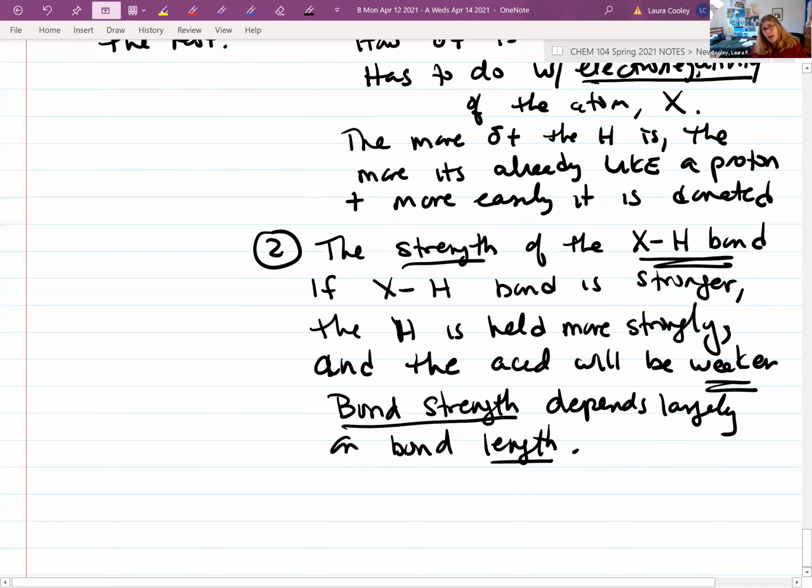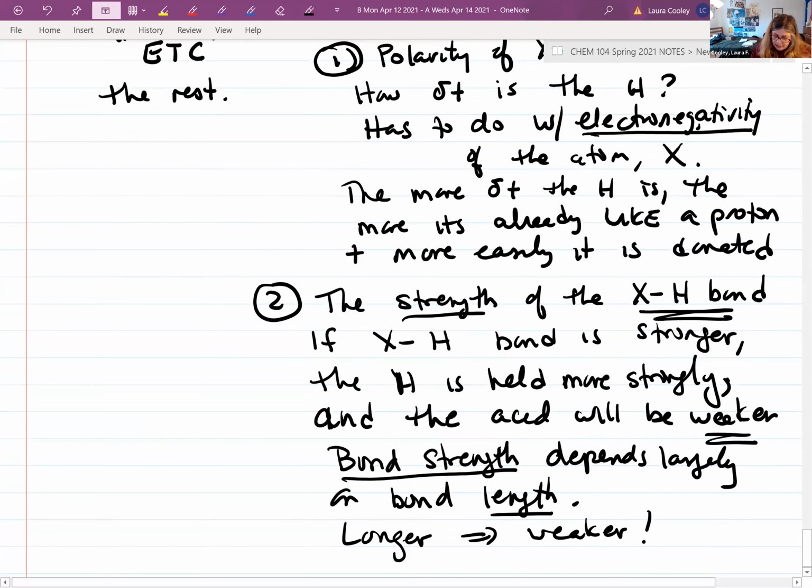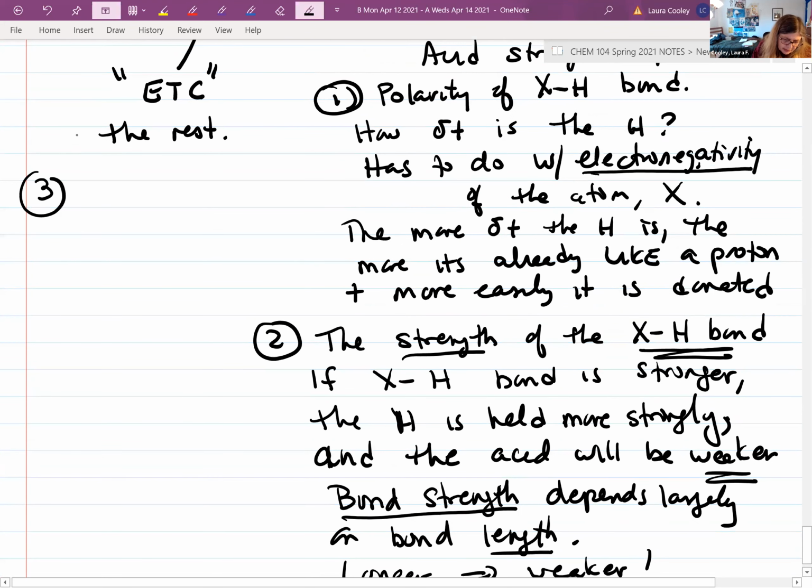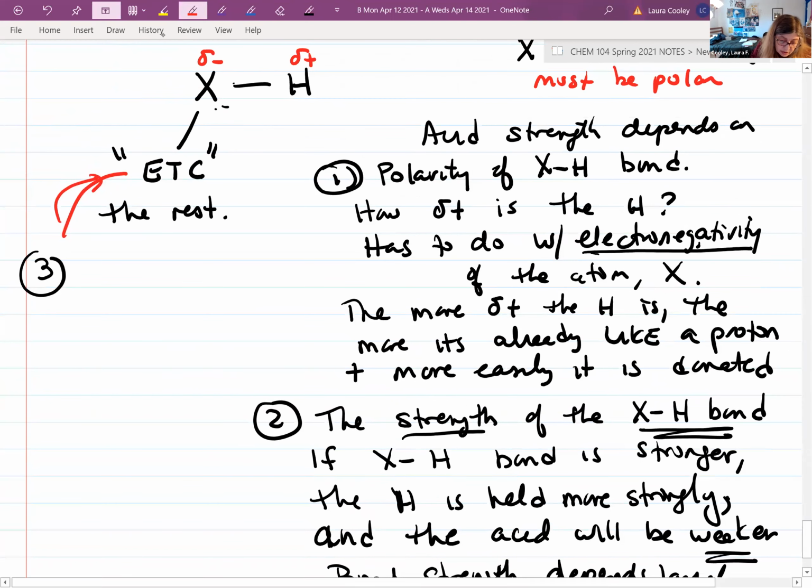The longer the bond, the weaker the bond. So very small atoms will have short bonds, strong bonds. Okay, so that's two factors, but there is a third factor, and the third factor is this etc. And so I just want to say that the rest of the molecule matters also.